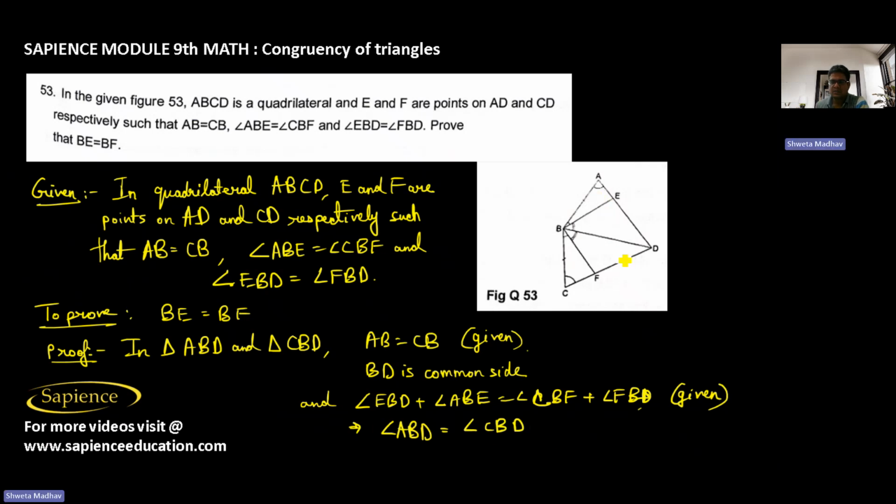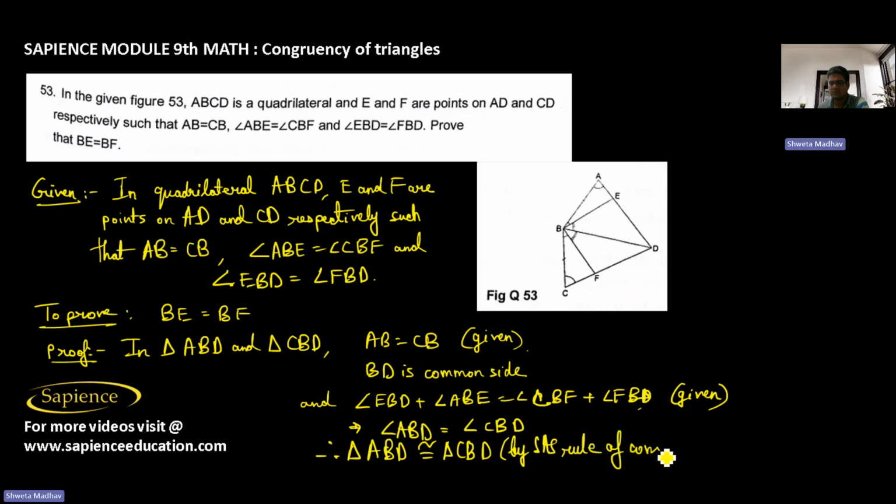So it means that two sides and their included angle in between these two sides are the same in both triangles. Therefore, I can say that triangle ABD is congruent to triangle CBD by SAS rule of congruency.